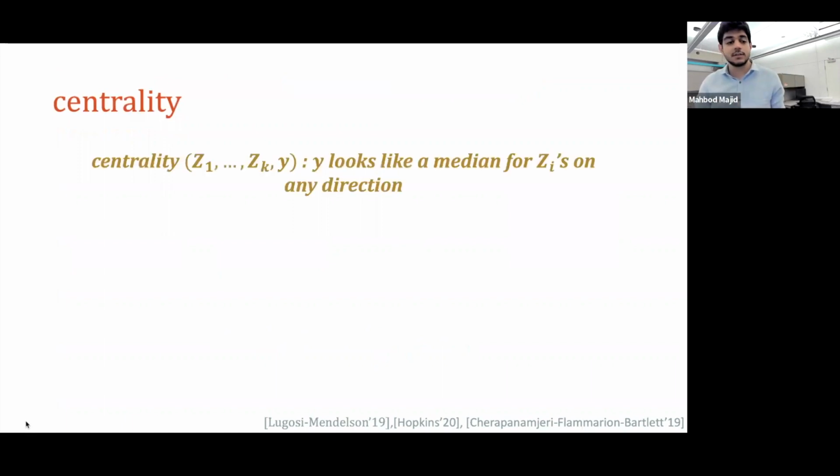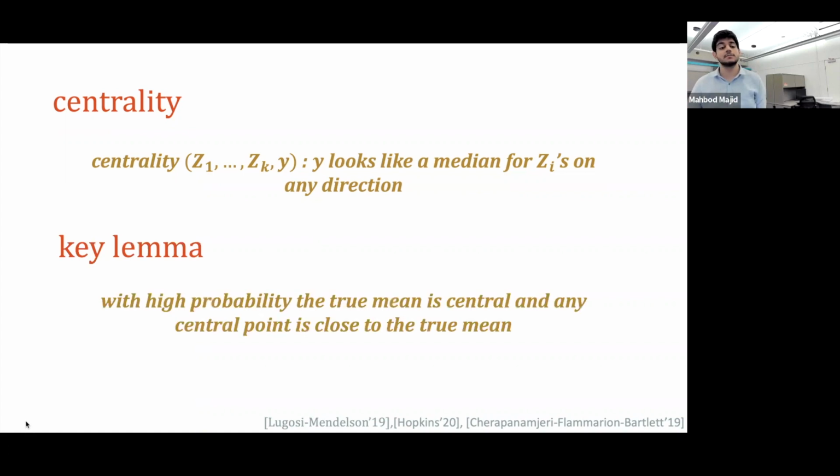There is a critical definition here: we call a point y central for these z1 to zk if y looks like a median for these zi's in every direction. Now, a key lemma here is that with high probability, the true mean itself is going to be a central point, and any central point is also close to the true mean.